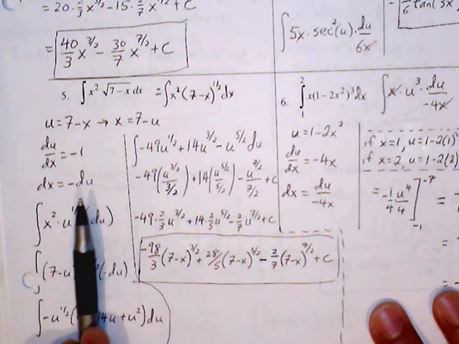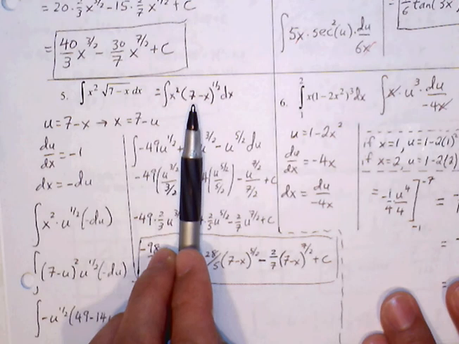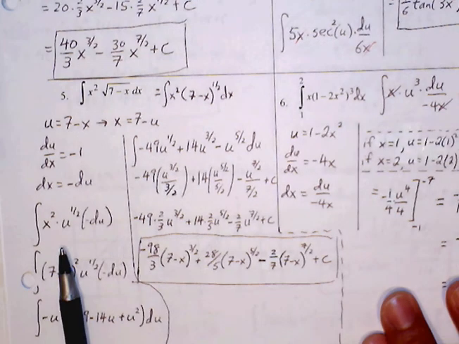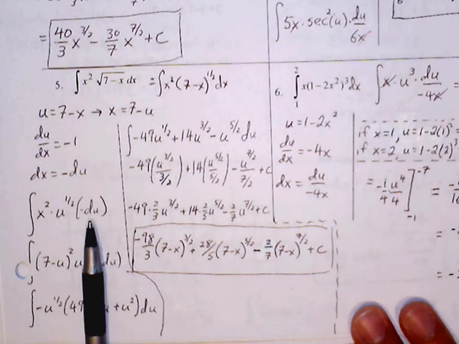Now we make our substitutions. x squared does not get replaced initially. 7 minus x does get replaced with u. And then dx gets replaced with negative du. But now we see that the x squared still does not cancel out.